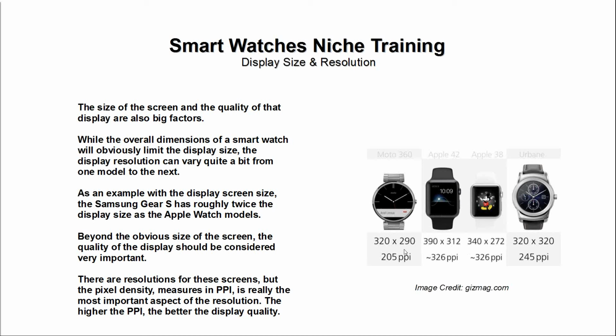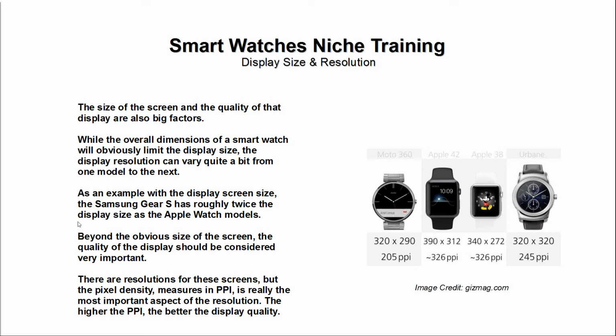However, the quality of that screen resolution is ultimately going to be determined by the pixel density, what is called PPI, pixels per inch. The higher the PPI number, the better the display quality is going to be.